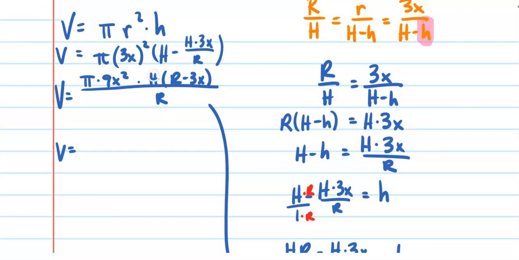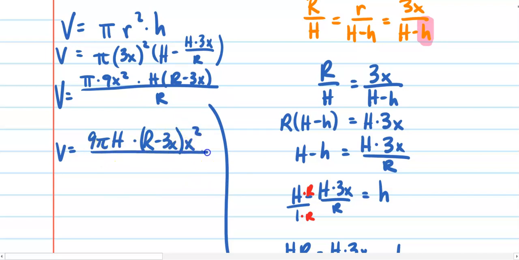And I'm going to do so by collecting all of these parameters and numerical values, so the 9, pi, and h. I'm going to group those together: 9 pi h. I'm going to move the x squared back, we're multiplying by r minus 3x times x squared, and then write that as a fraction over r.